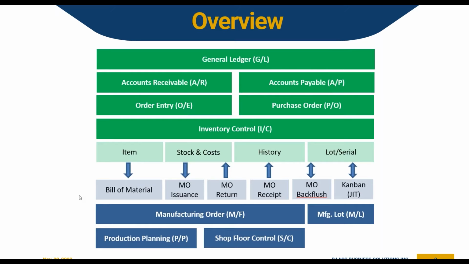But if you look at the sales order, there's no means from a sales order standpoint to look at the status of where it is in production. Is it released? How many were built? So sales order entry does not see the manufacturing. On the flip side, on the production planning side, when you're running your MRP and generating purchase requisitions for raw materials that you purchase for production, it will interact with purchase orders.